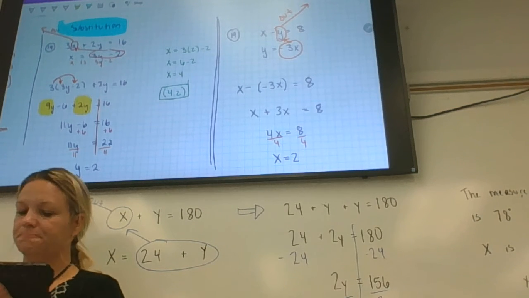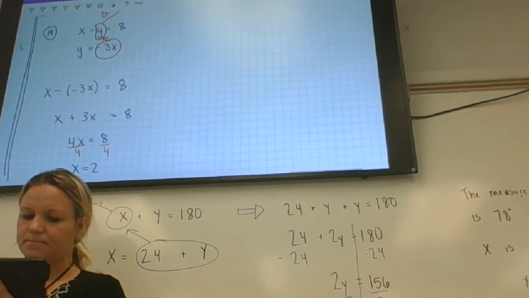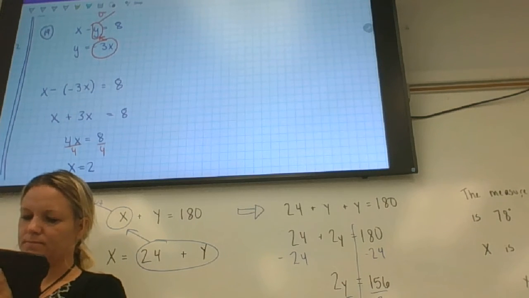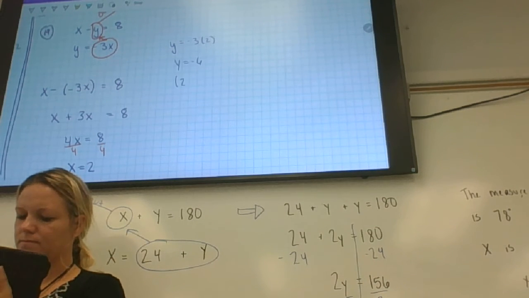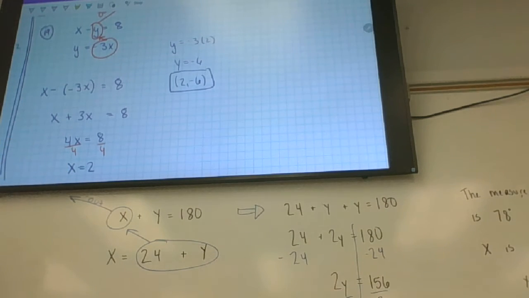Okay. Last substitution problem before we move on to adding down.